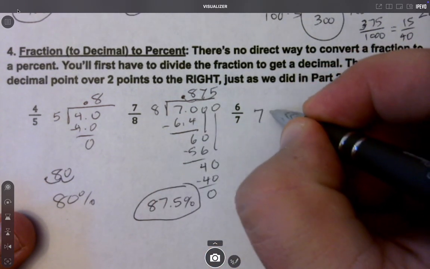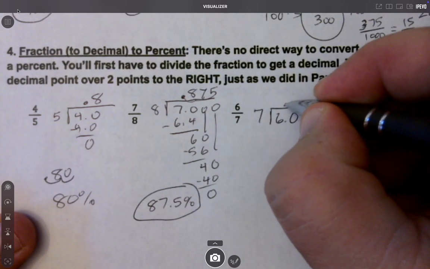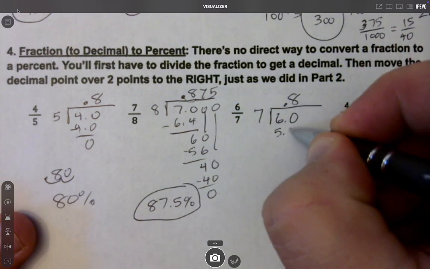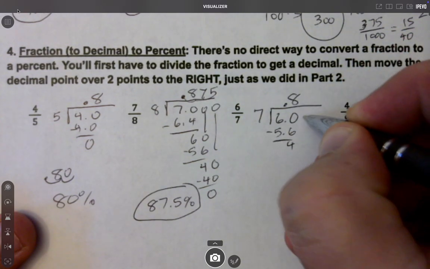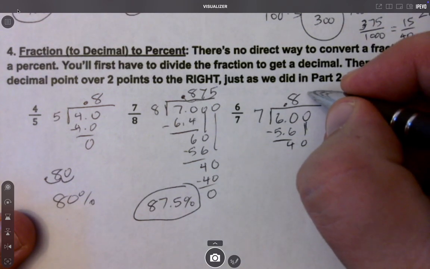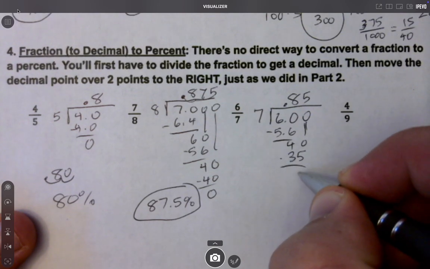So you do 6 divided by 7. 7 will go into 6, but 7 will go into 60 8 times. So that's 56. That was remainder, so we add another 0, bring it down. 7 will go into 40 5 times. 5 times 7 is 35.